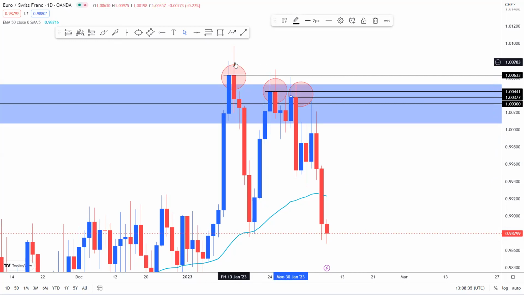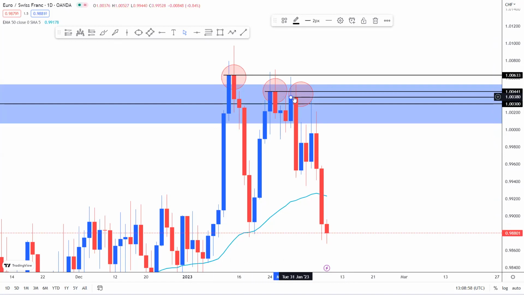So this confirms that the buyers' pressure is kind of shifting. As you can clearly see, we're having more lower highs. Upon the retest of this key level, this high is lower than the previous high.